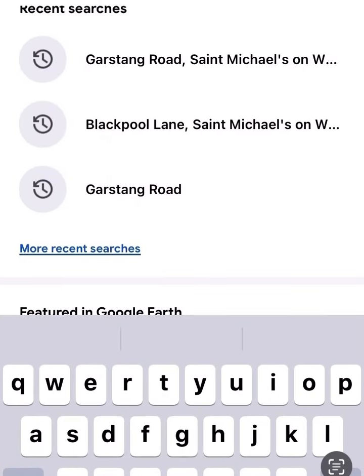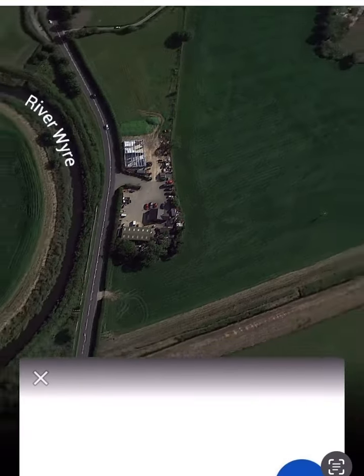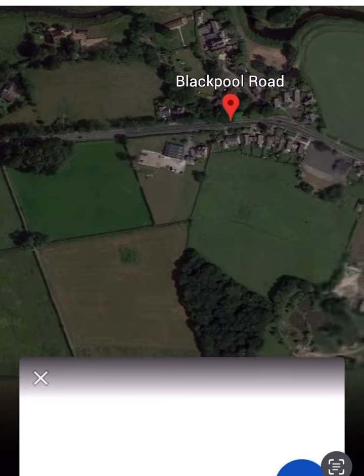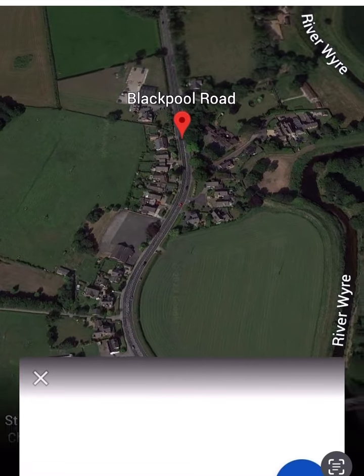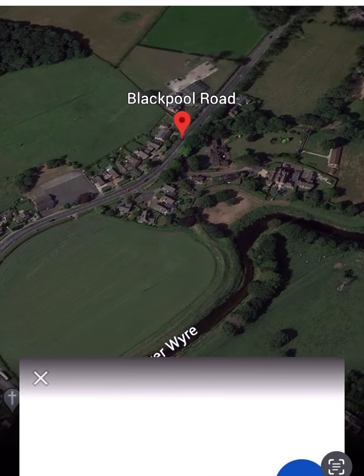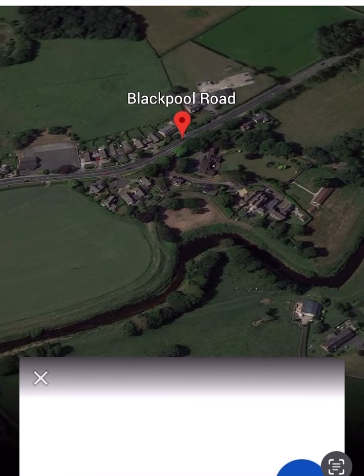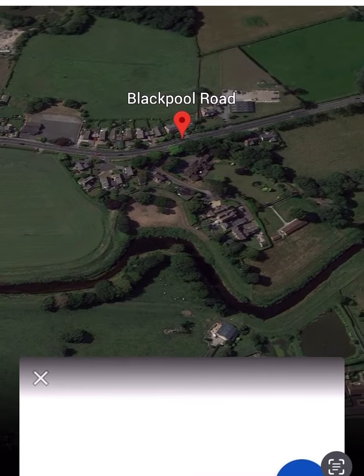Cross-referencing with Google Earth, and I've put it in before. It was already in my recent searches, so I've seen that Blackpool Lane was there in St Michael's before, but now you put in Blackpool Lane and you get, can you see at the bottom, Blackpool Road. Okay, so that's the road heading out to Blackpool, the other side.